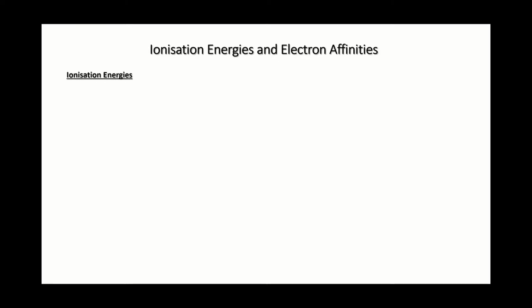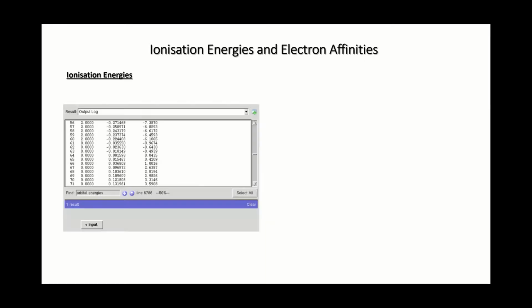So, starting with ionization energies, remember that this is the energy required to remove an electron from a molecule or an atom. And so, to do this, we're going to have to go back to where I defined how to obtain the orbital energies of the molecules. All we have to do to determine the ionization energy values of the molecules is to pick out the energy of the HOMO orbital of our neutral molecule, and thus say that we need the positive equivalent in energy of this HOMO to ionize the molecule.